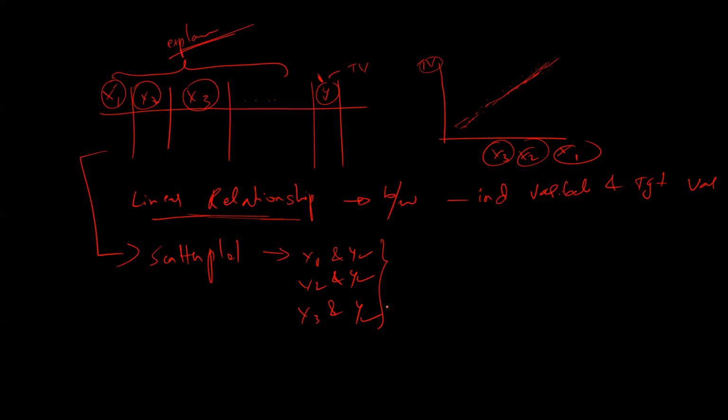Now, let's say I take x5 and y. I don't get a linear relationship. I get something like a curve.